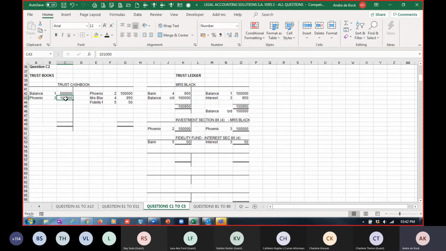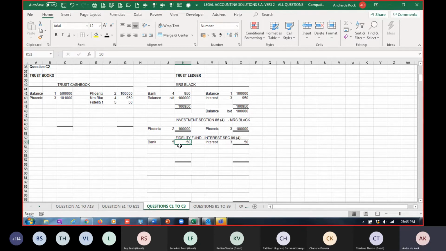Now I must split post it. 100,000 is the investment, which is no longer there. 95% of the interest, 95% of 1,000, goes to Mrs. Black, and 5% goes to the Fidelity Fund. Now we have to pay the 950. Who do we pay it to? Mrs. Black. And the Fidelity Fund, we pay the 50.